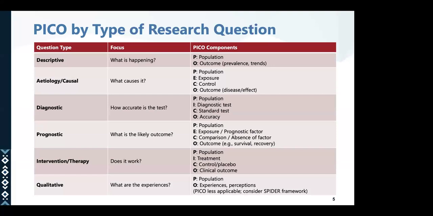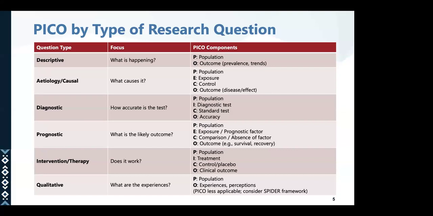So you may remember this slide very well, which was shown last week by Peter on the PICO framework of writing a research question. You have the question type, you have the focus, and then you have the PICO component.